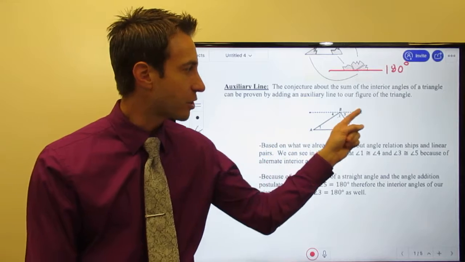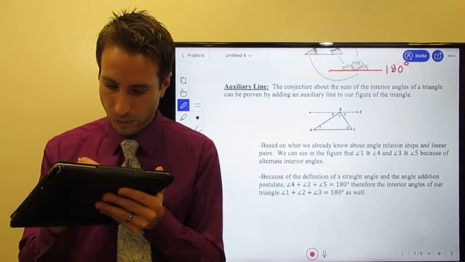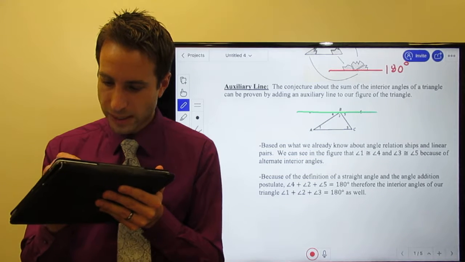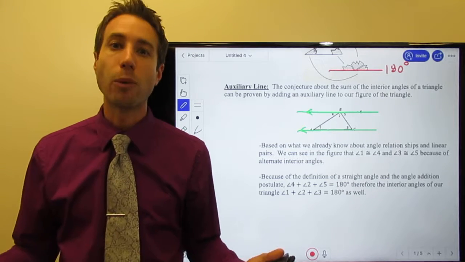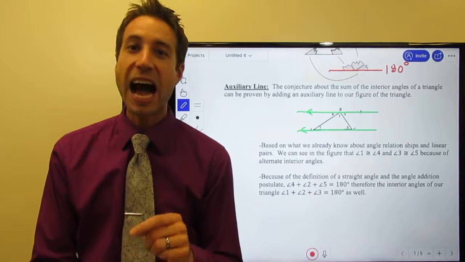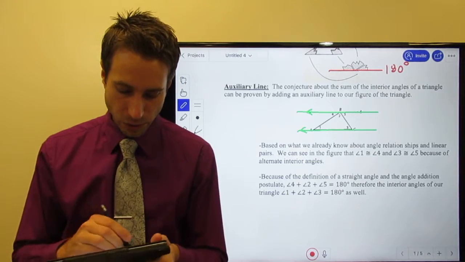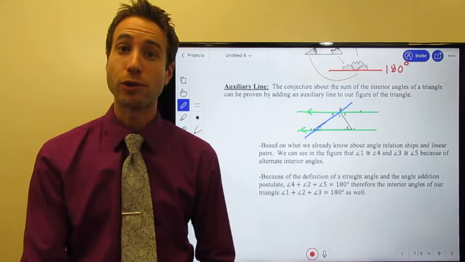I'm going to add this auxiliary line so that this guy is parallel to this guy. Why would I do that? Here's the reason: I now have a transversal right there.